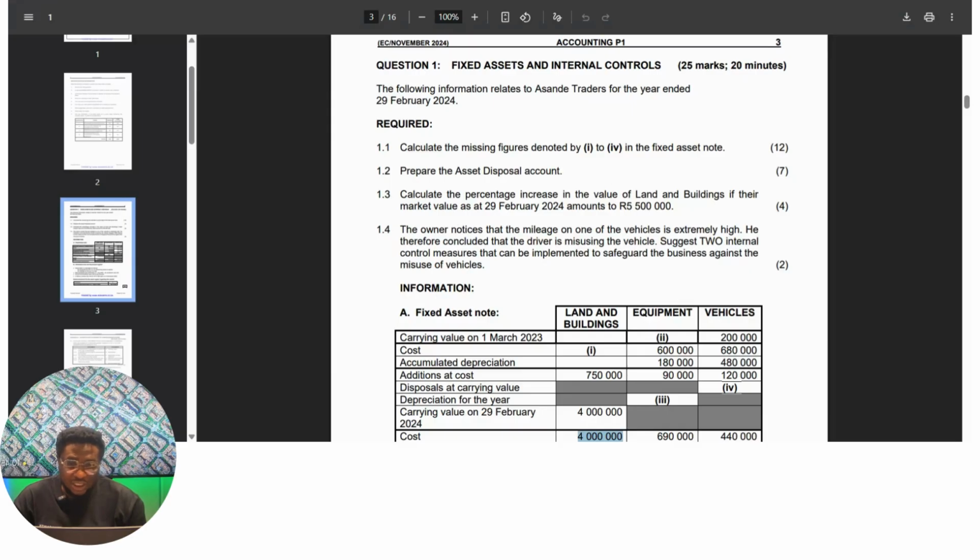And then the last question that we have to look at is 1.4, where it says the owner notices the mileage on one of the vehicles is extremely high. He therefore concludes that the driver is misusing the vehicle. State two internal control measures that can be implemented to safeguard the business against the misuse of vehicles.